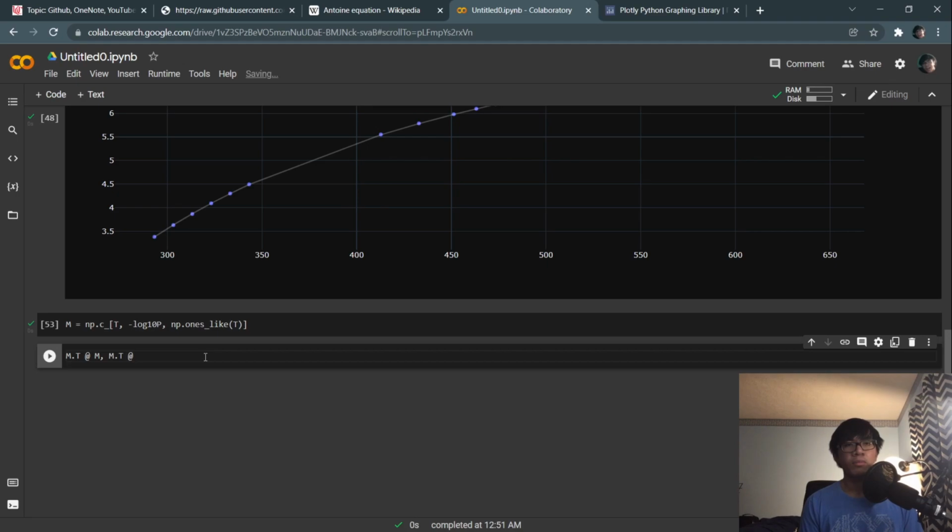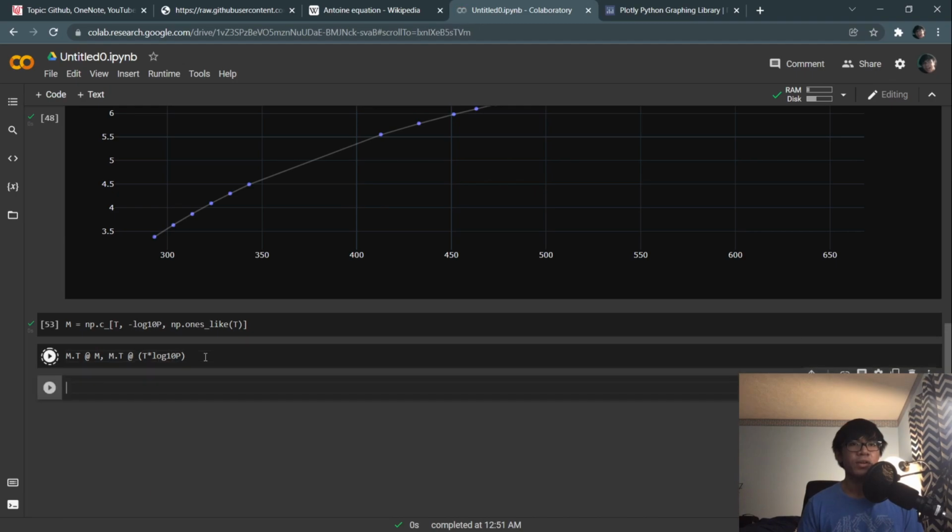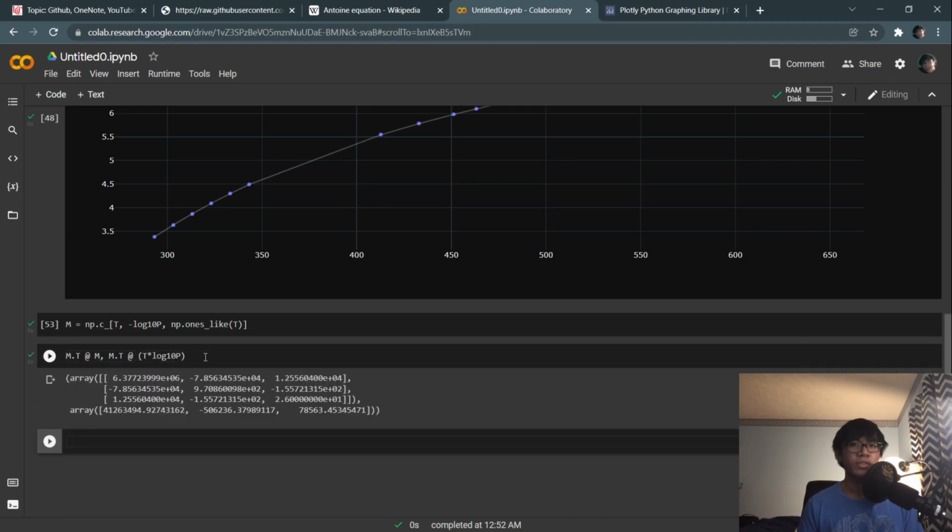And if you remember, b was our temperature and our pressure. So actually we need to use parentheses, or else it'll do the matrix multiplication first. So it was temperature times our log base 10 of b. Cool. And if I write this out, I'll just show it right there, which is some pretty weird numbers, since we want to algebraically solve this.